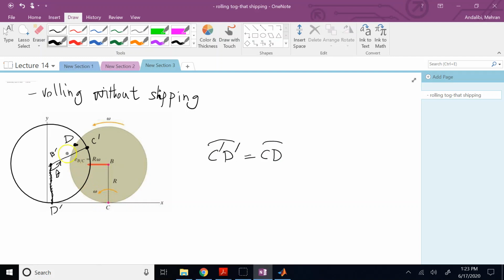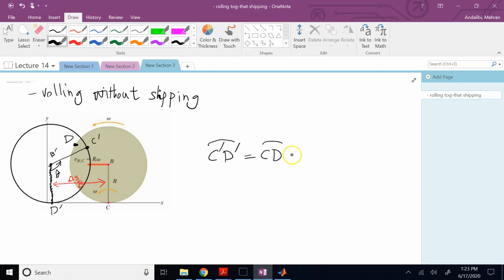That is all of the points that came into contact when the disk moved from point 1 to point 2, right? And by the way, that is also the same as the distance between B and B prime, right? If I call it delta S of point B, correct?